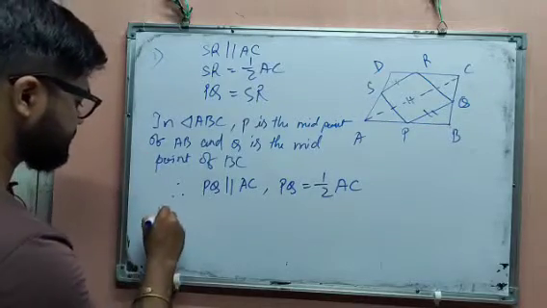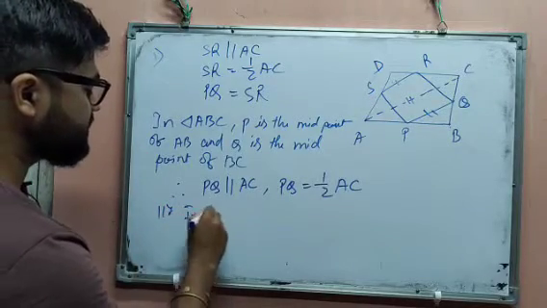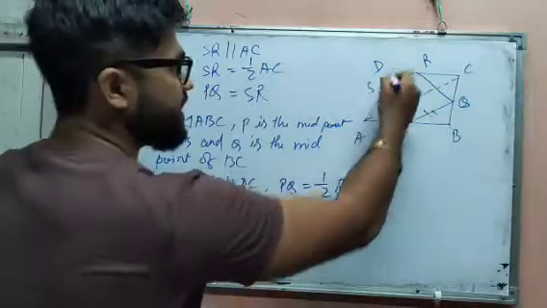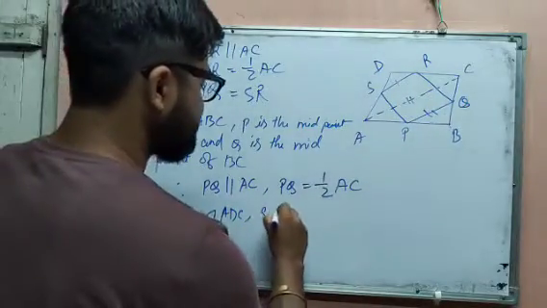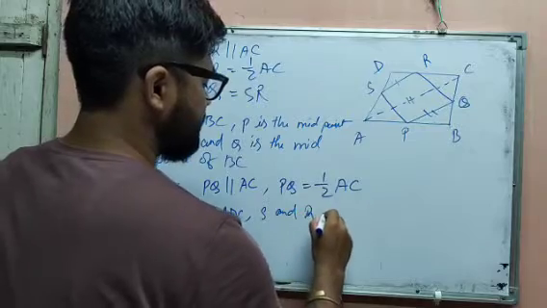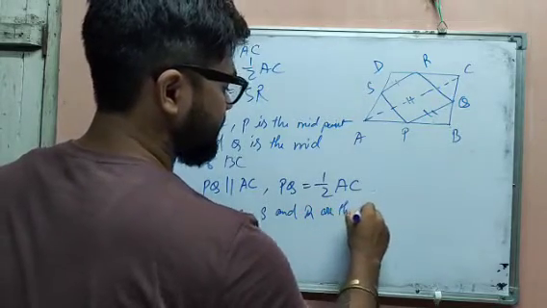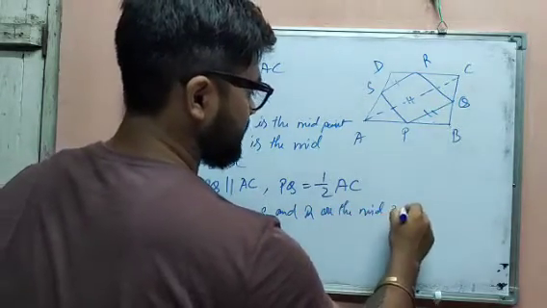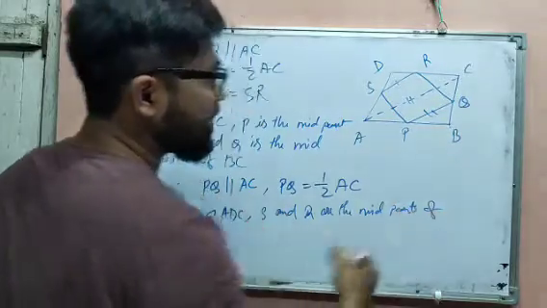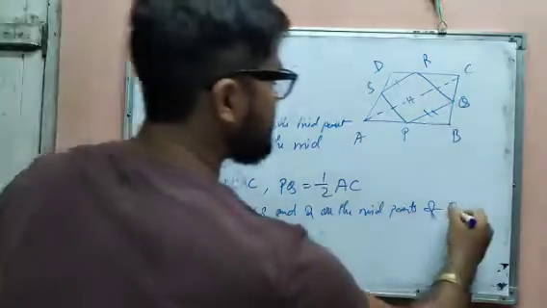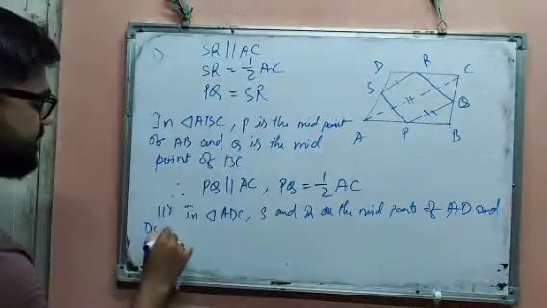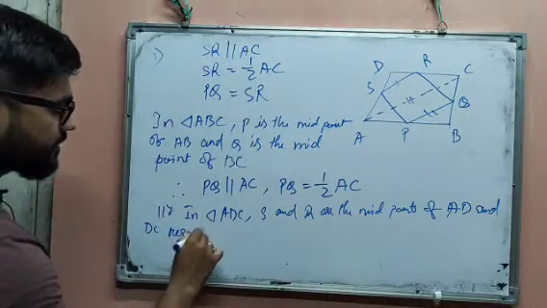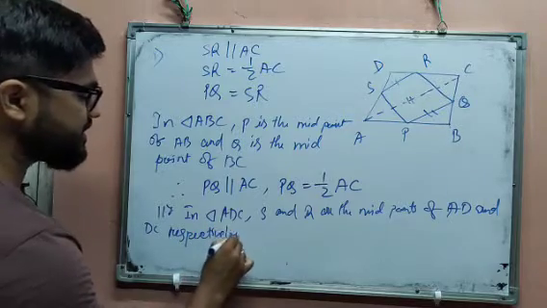Similarly, this time we look at triangle ADC. In triangle ADC, S and R are the midpoints of AD and DC respectively.